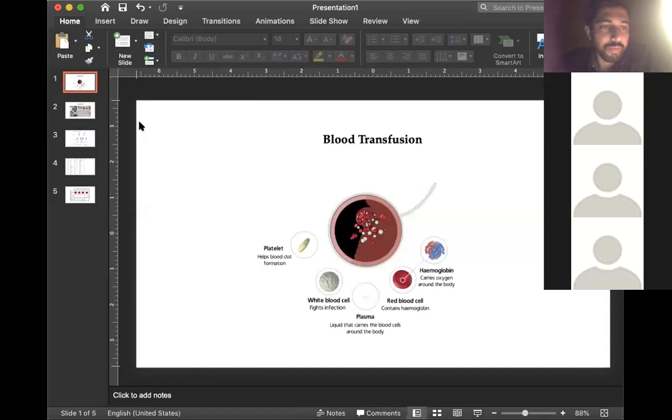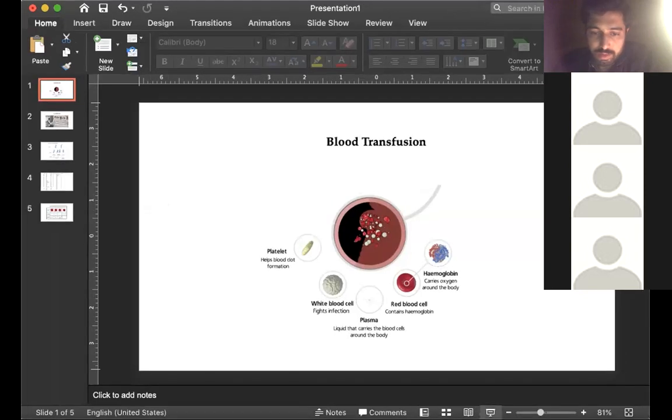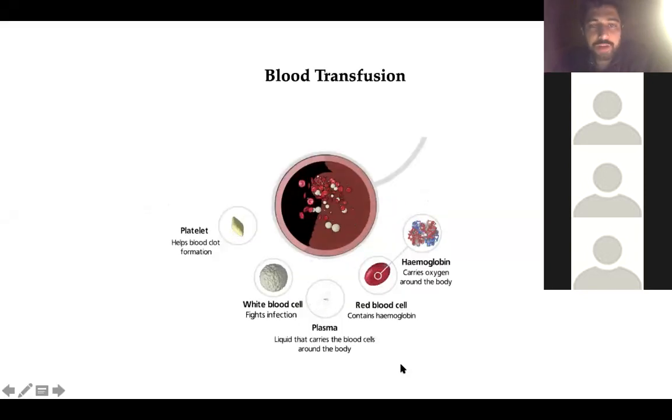Okay, here we are. Blood transfusion. We are keen on understanding different components of blood, because different components of blood can be transfused. Of course, blood itself as a whole can be transfused as well, but sometimes we are also interested in transfusing only certain components of the blood.